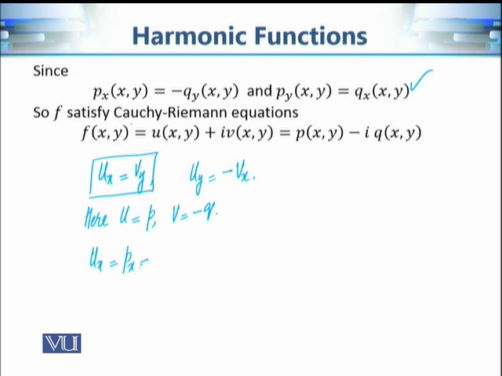Since v is equal to minus q, vy is equal to minus qy. So ux equals vy, and that's why the first condition is satisfied. Similarly, we can check that the second condition is also satisfied.